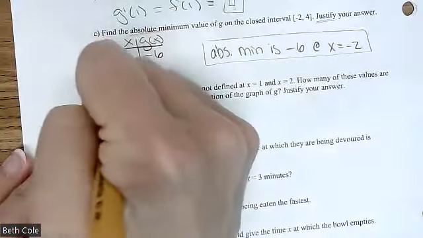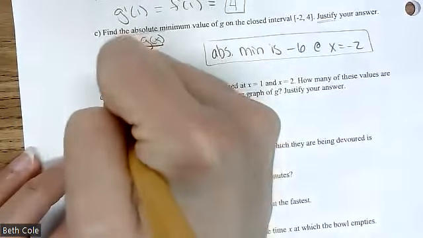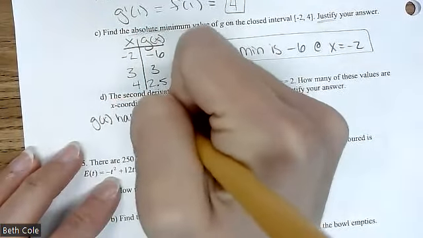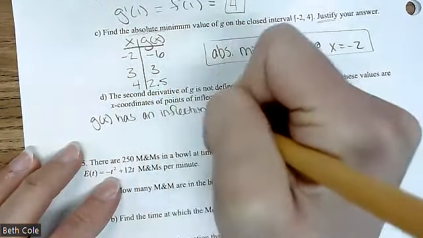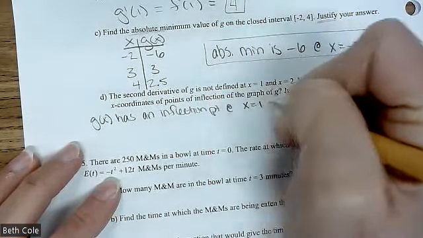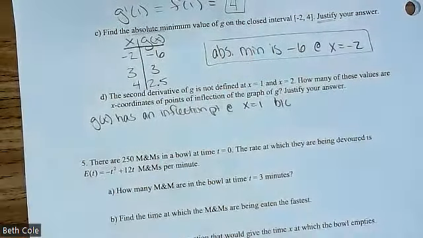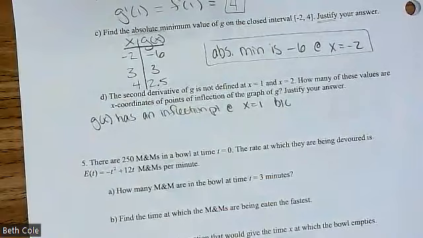Good. Remember, make sure you start your sentence with g of x is or g of x has an inflection point at x equals 1 because, and then we got to say why. And it's an annoying thing to write, but you'll be okay. Why 1?